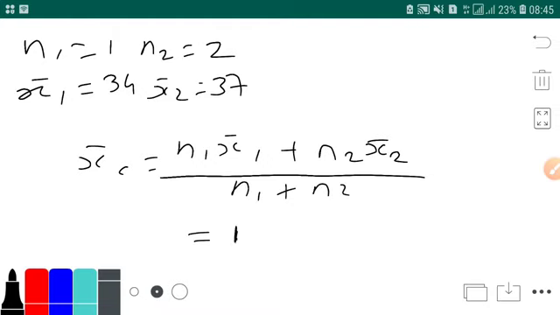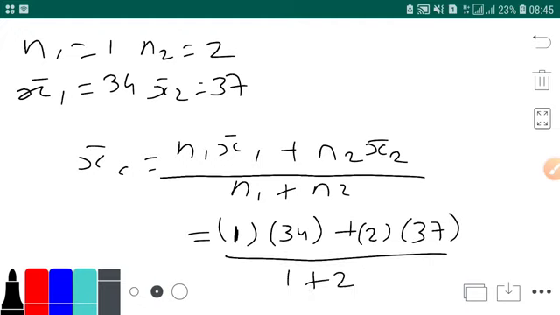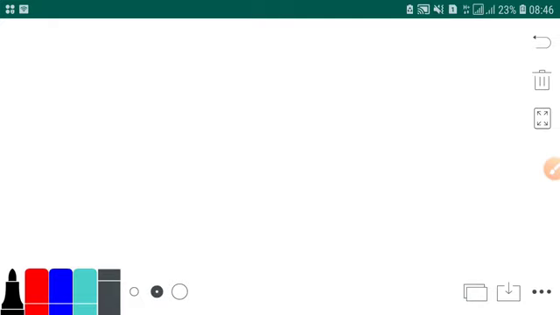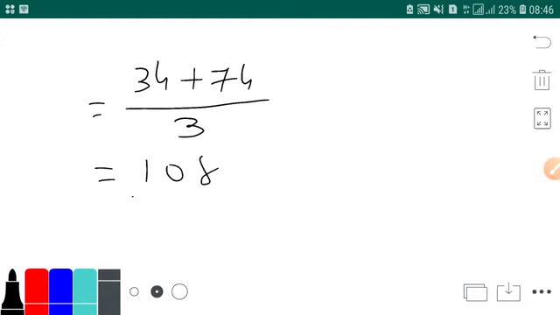So n1 is 1 into x bar 1, which is 34, plus n2 into x bar 2 upon n1 plus n2. 34 into 1 is 34, 37 into 2 is 74, and 1 plus 2 is 3. So it is 34 plus 74 upon 3. If you add this up, it's 108 upon 3. It is 36.